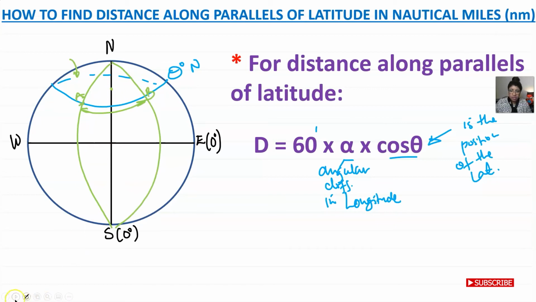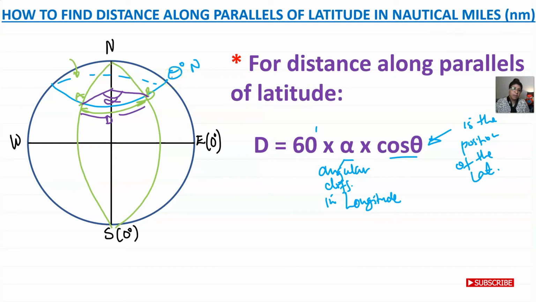All right, what do you need? You need the alpha. If you take the center of this small circle and draw the line to your location, the difference between these two longitudes, the angular difference, that's your alpha. And what you're looking for, the distance, is this here. And this is your theta.